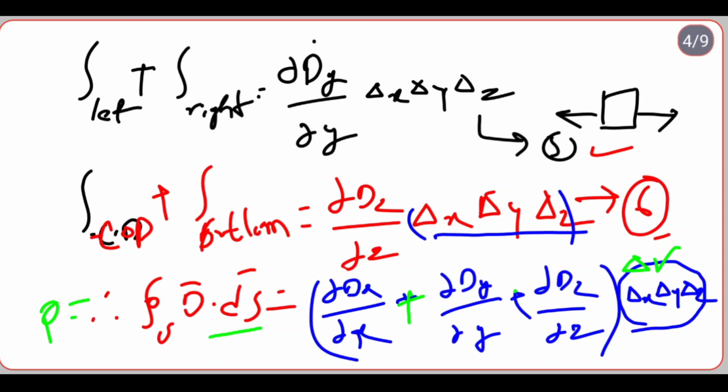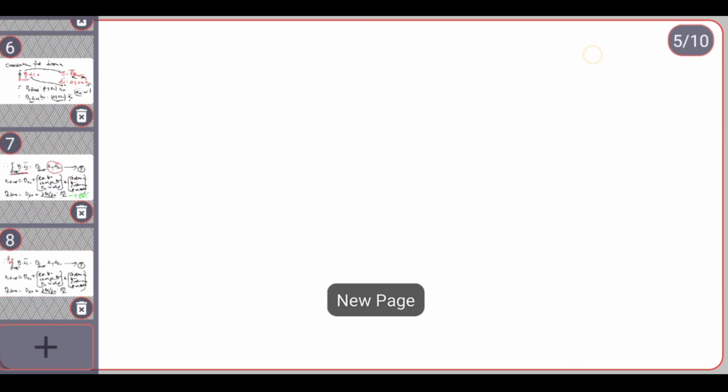Therefore the total charge enclosed in the differential volume, surface integral D dot dS, equals Q. After substituting all this, in a differential volume, what is the total charge enclosed?